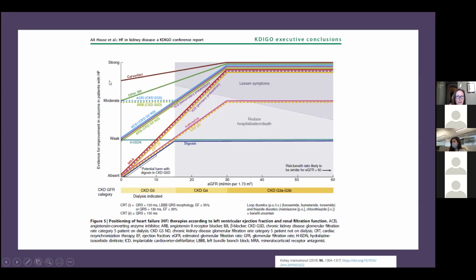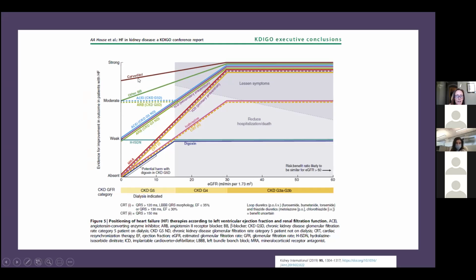So this category here is the ESRD population, the CKD-G5, and basically showing strong data versus absent data for improved outcomes in patients with heart failure and that category of renal failure.